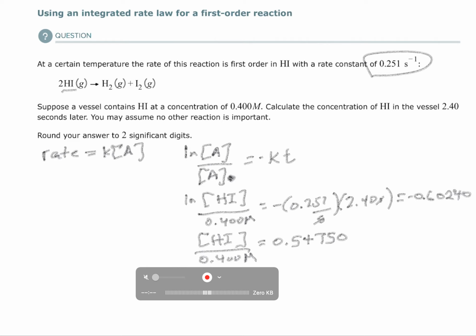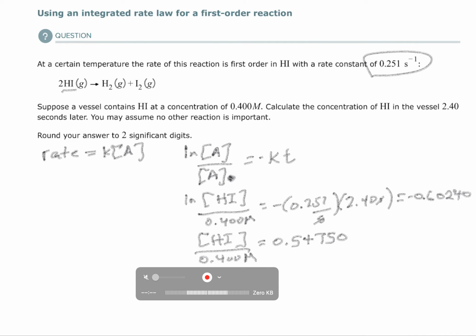To get the molar concentration, and that's what you're asked for, calculate the concentration in the vessel after a certain amount of time, I'm just going to multiply the 0.547 times the 0.4 molar.